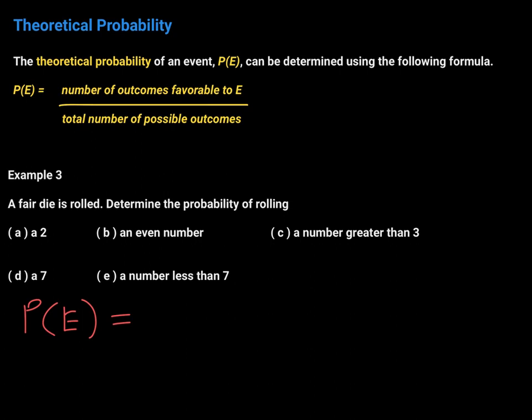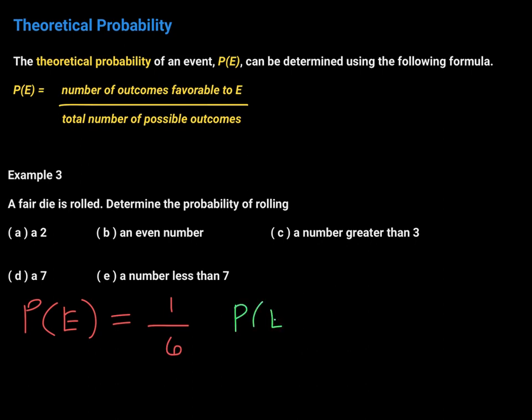So my numerator is 1, over the total number of possible outcomes, which is 6. So 1/6 is the probability that I will roll a 2. Good. Let's go to the next one.